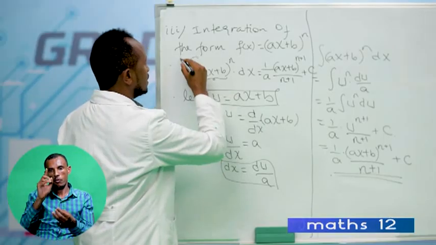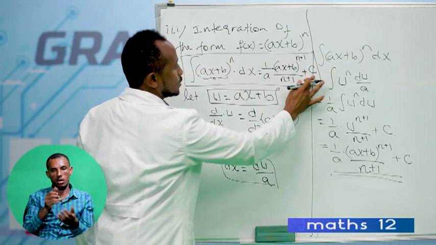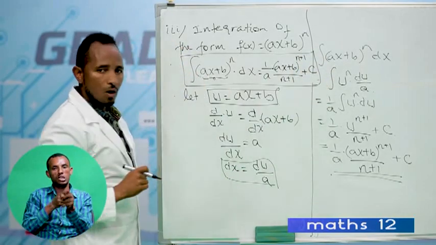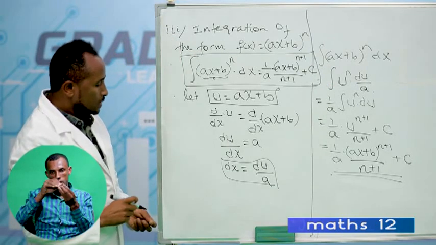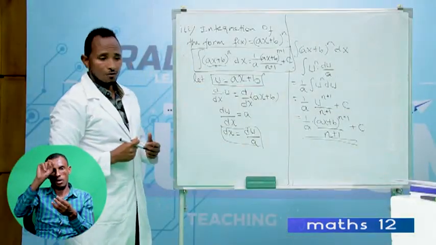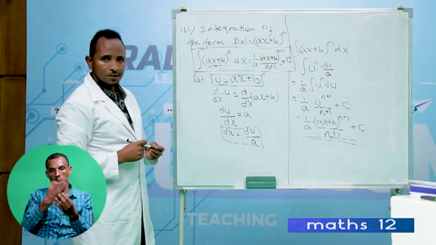This is the final answer for the integration of ax plus b to the power of n. So this is a general formula. Now let's see an additional example for this.